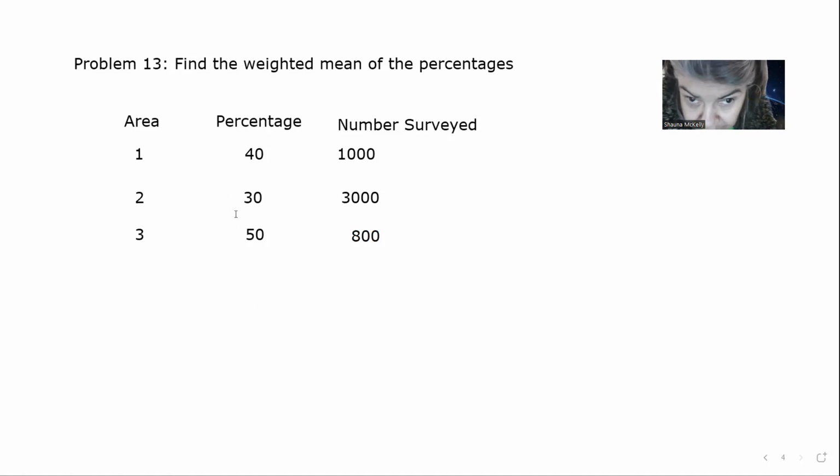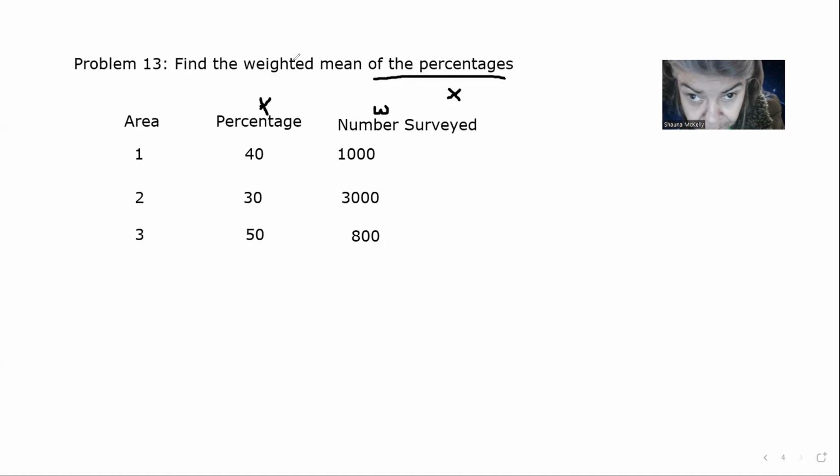But anyway, find the weighted mean of the percentages means that this percentage is my X. So these are my X's, and these are my weights.